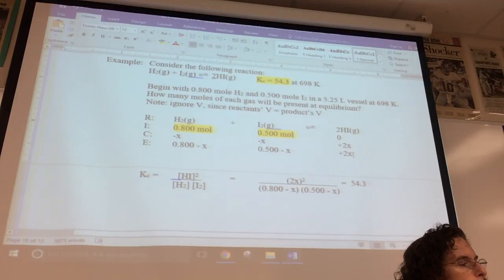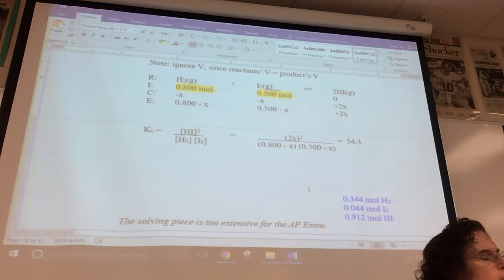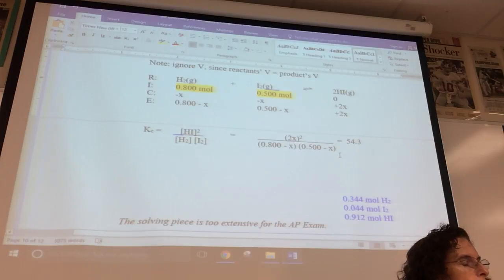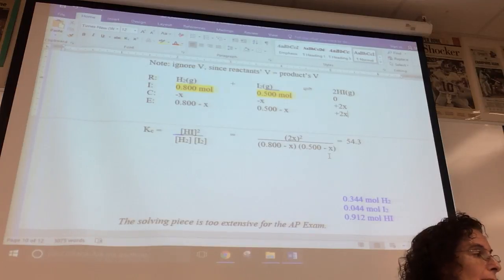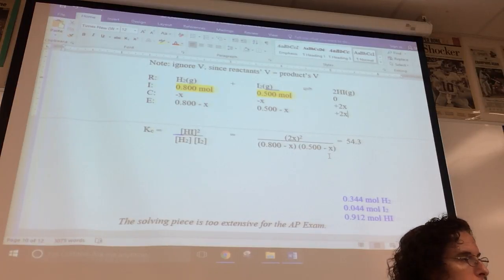You're going to put (2x) to the second power in the numerator for products, each of these in the denominator, and now you can't take the square root of both sides. So what you need to do here is either somewhat solve it, or you can just put it in your calculator as is. Let me show you.